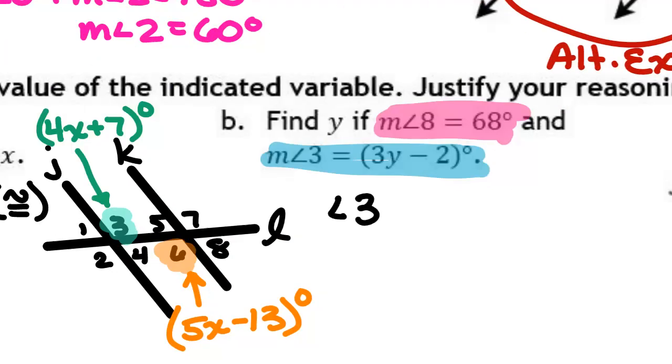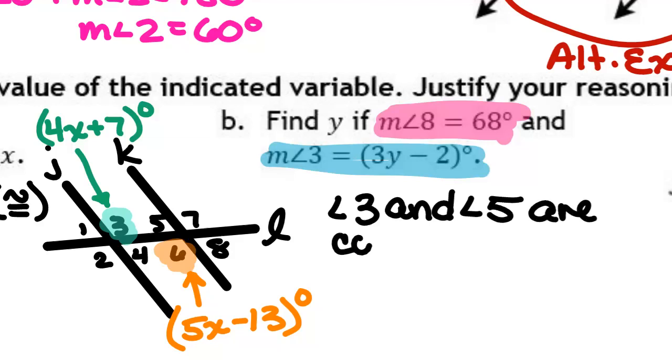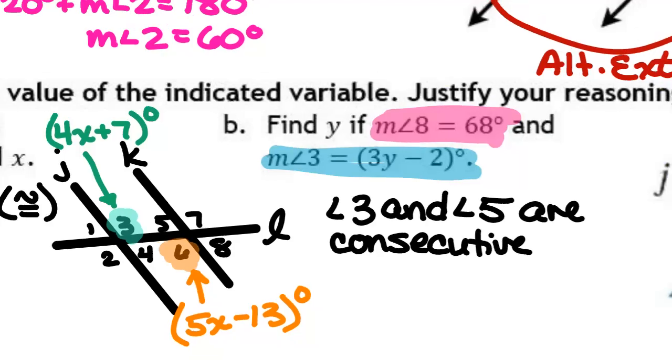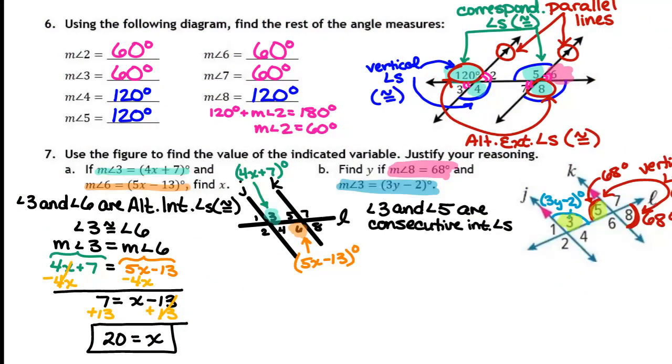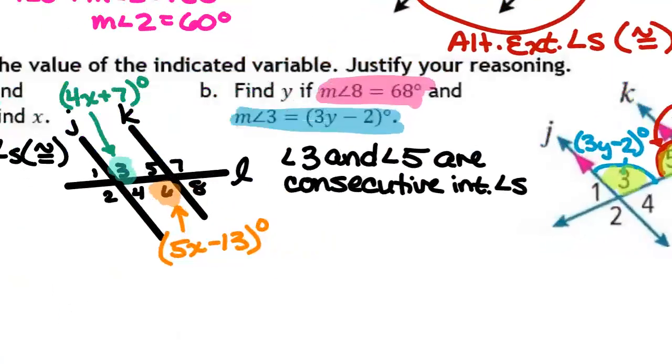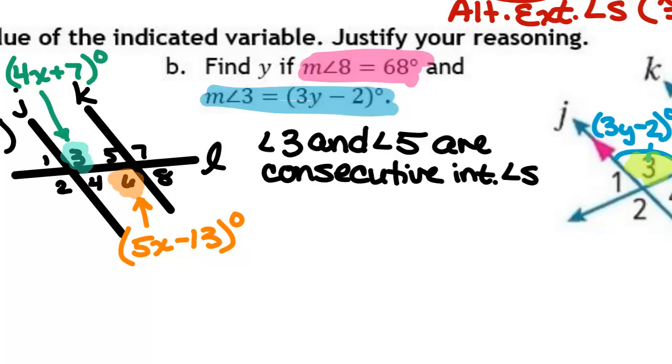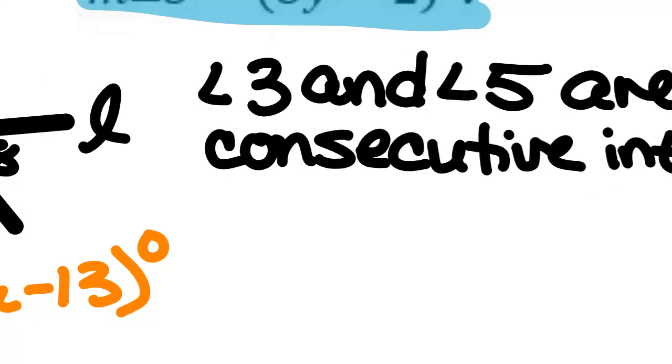So angle 3 and angle 5 are consecutive interior angles. Are consecutive interior angles congruent or supplementary? They are supplementary.